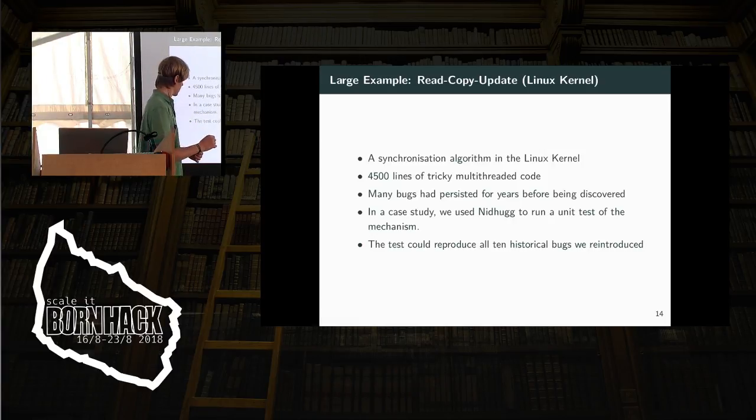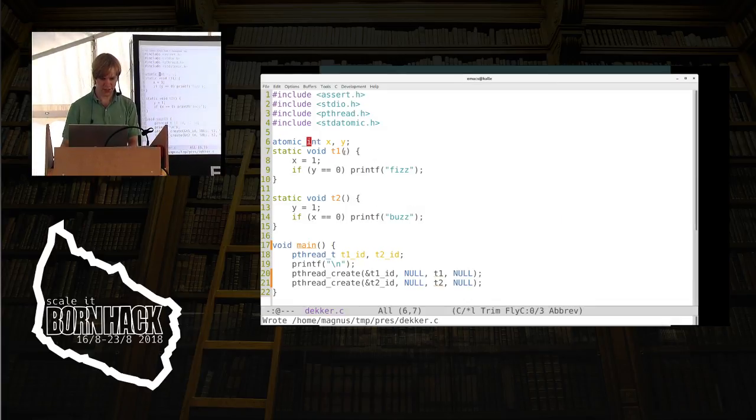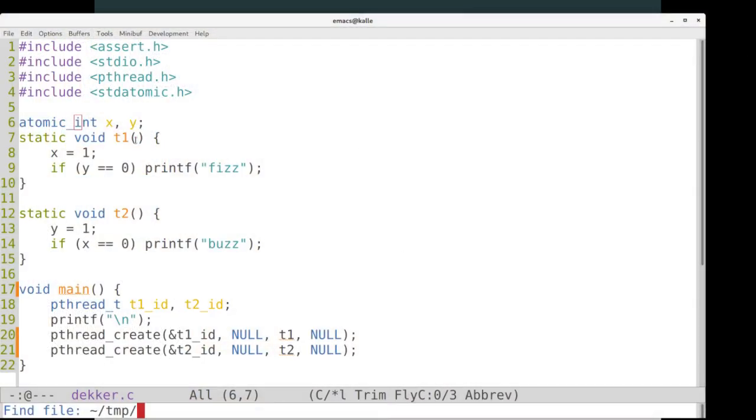And also, in the case where none are reintroduced, we were able to verify under the conditions, for this particular unit test we have, that there are no more such bugs. So let me show you some of the stuff we had to do to make Nidhugg eat kernel code like that.